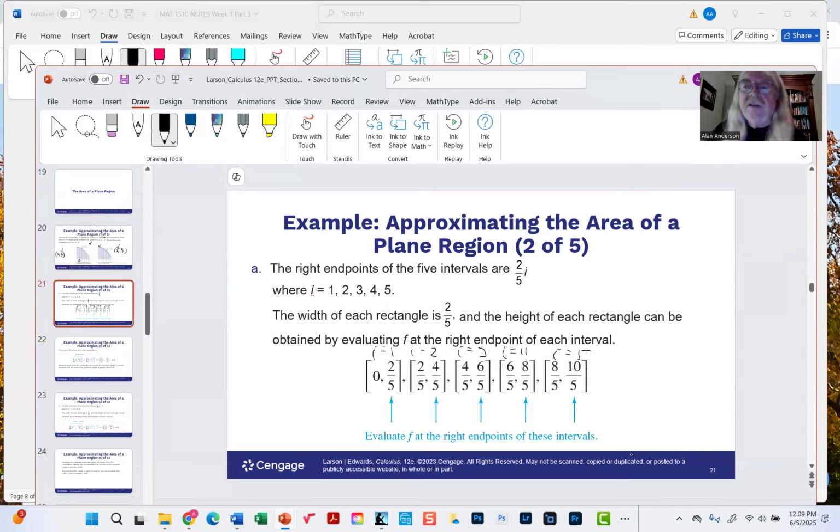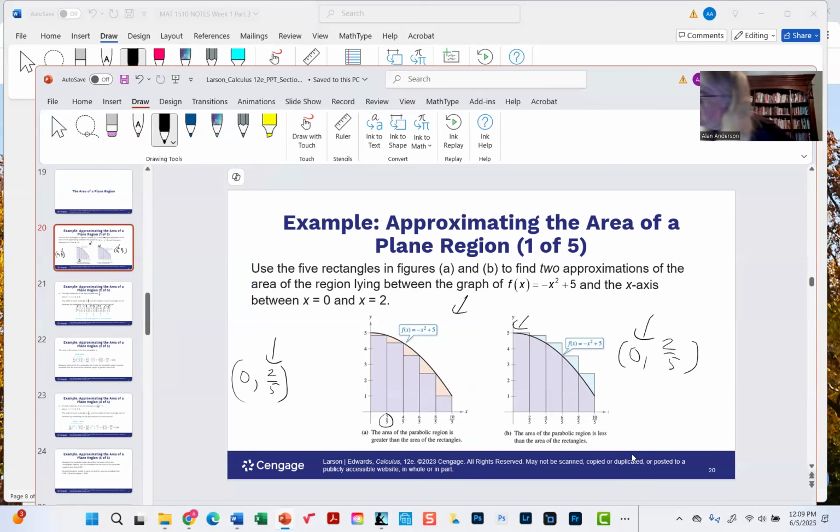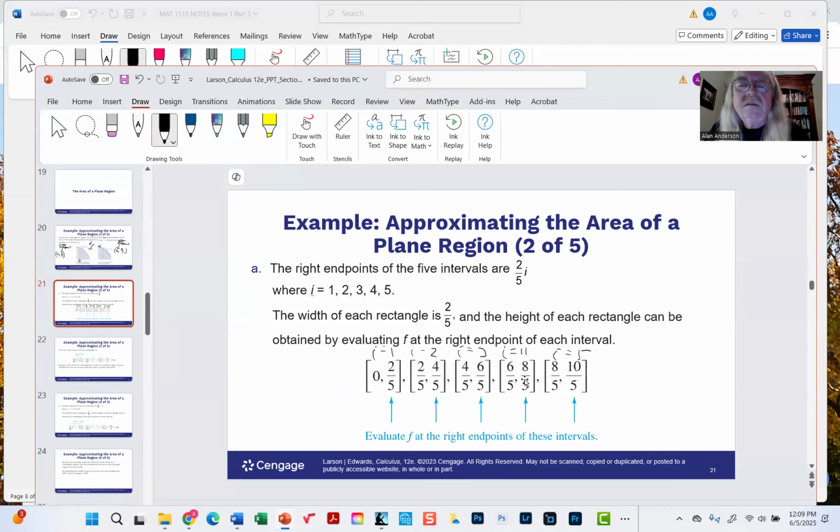We represent these 5 intervals. And the right endpoints are what they're interested in now. Okay, that's this case. This is the right endpoint. This is, of course, the left endpoint. So starting with the one here. So if that's the case, the formula for determining any of the right endpoints, given that the index i runs from 1 to 5, it's simply 2/5 i. Okay, so that's what this is all about.